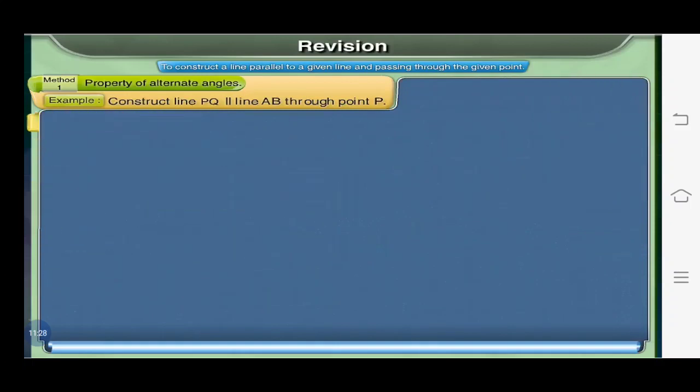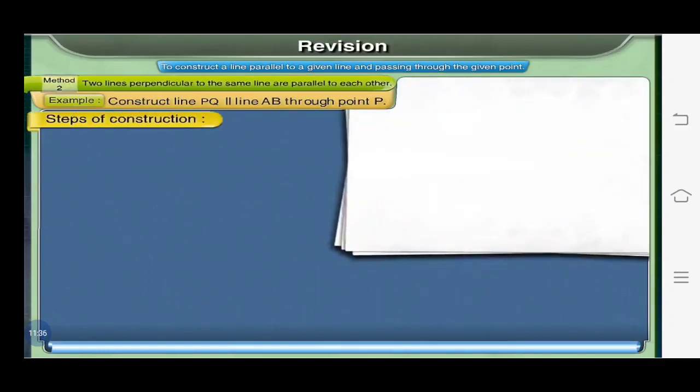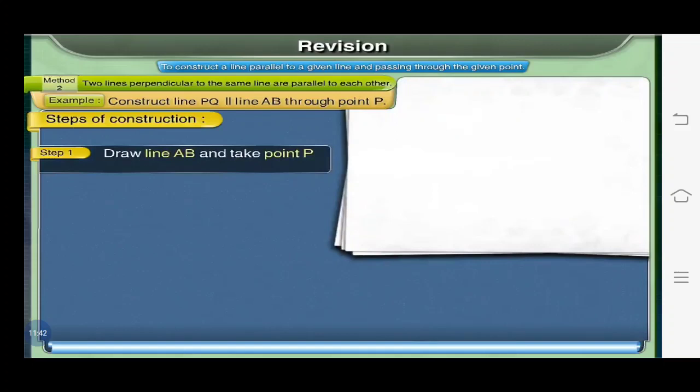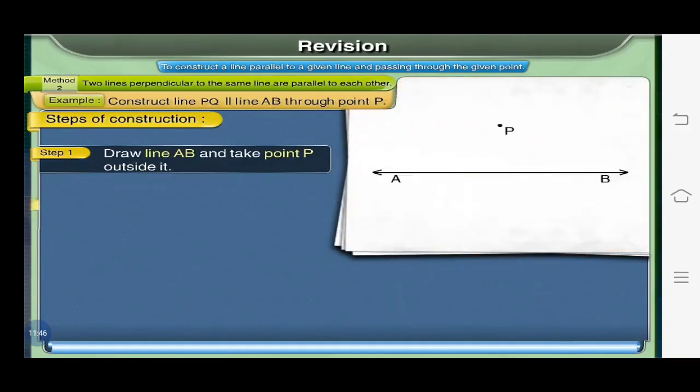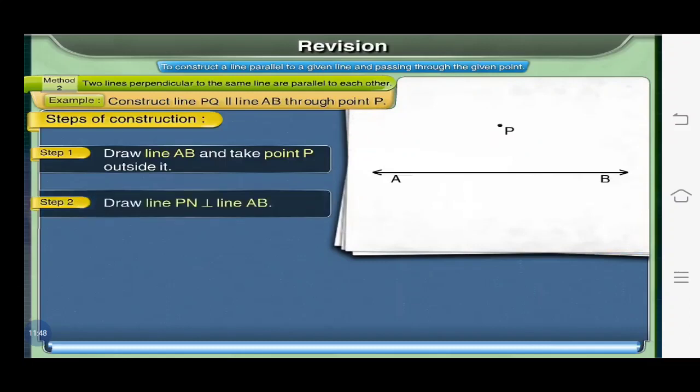In the second method, we will use the property of perpendicular lines. So step 1 will be to draw line AB and take point P outside it. Step 2. Draw line PN perpendicular to line AB. Step 3.